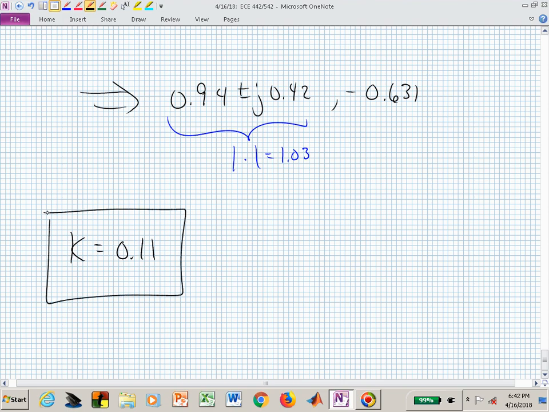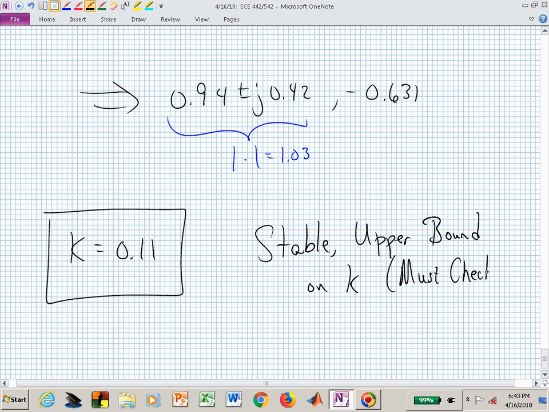You could check to see, how would you check if that's an okay upper limit for stability on K? Let's say that this is now the stable upper bound on K. Must check or must verify. How would you verify that that's okay for K?